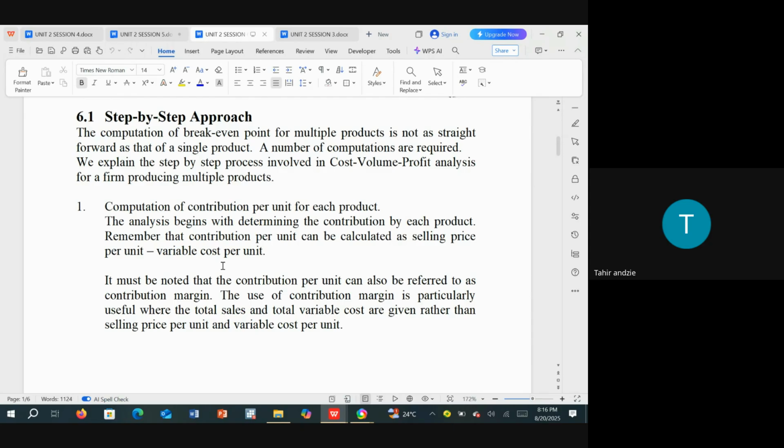So we can also call it contribution margin instead of contribution per unit.